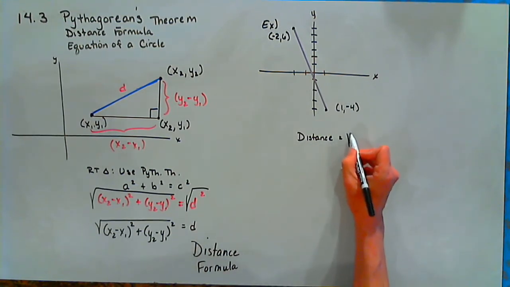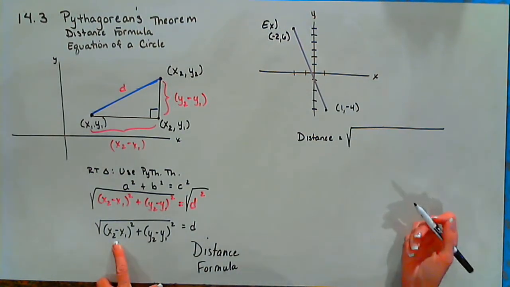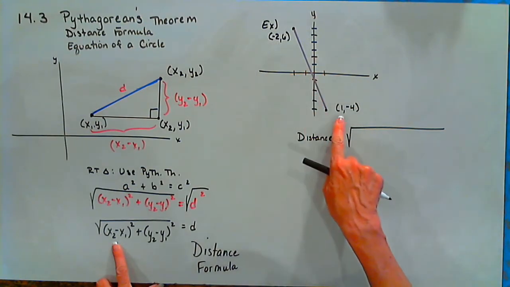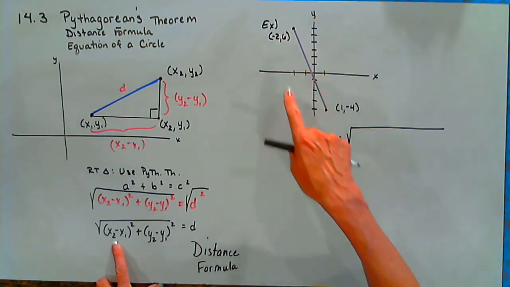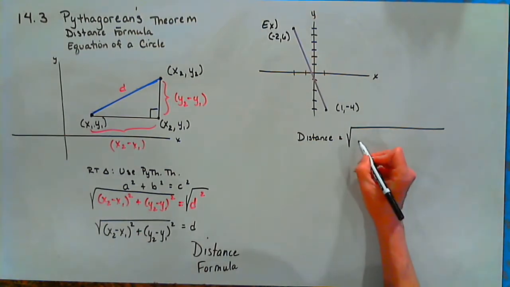would say the square root of, well, I have to subtract the x's. So you have a choice. You can either say -2 minus 1, or it's the same line segment if you go 1 minus -2. And it will not matter because whatever we get, we're going to square.